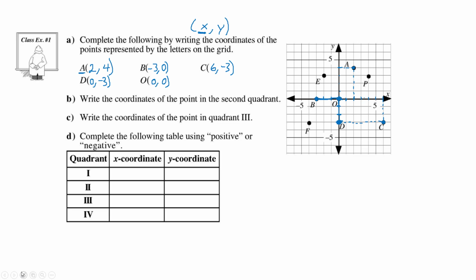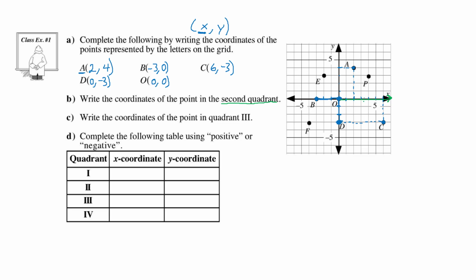Next, I'm going to change colors for this next one. There we go. Write the coordinates of the point in the second quadrant. The way this coordinate system works, called the Cartesian Plane, is if we picture some sort of arm, almost like a clock hand.